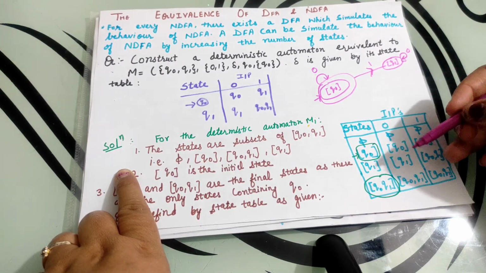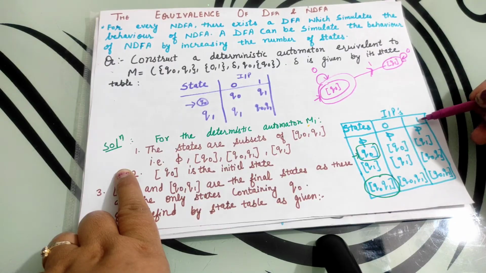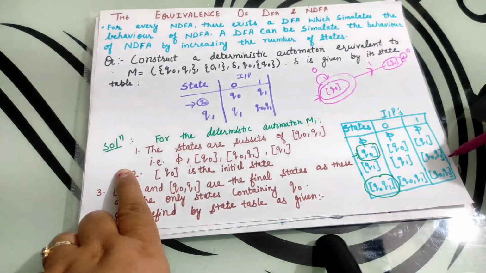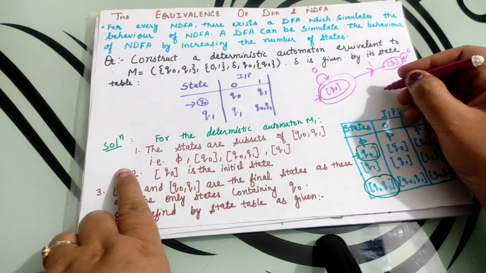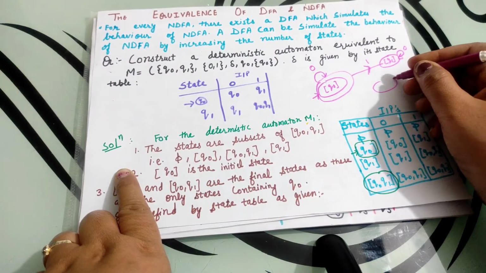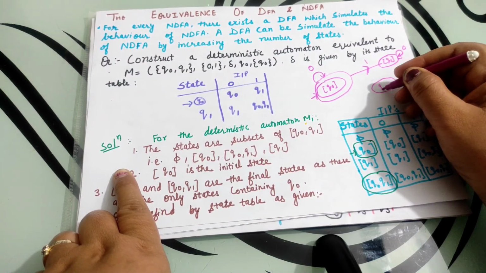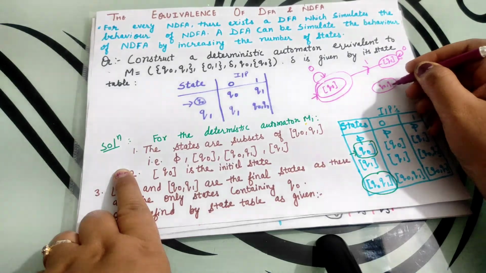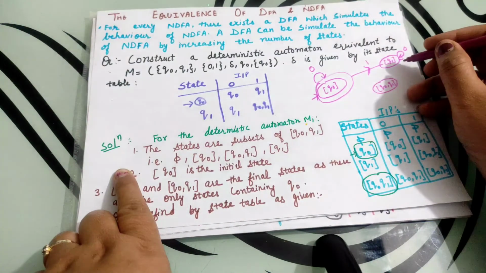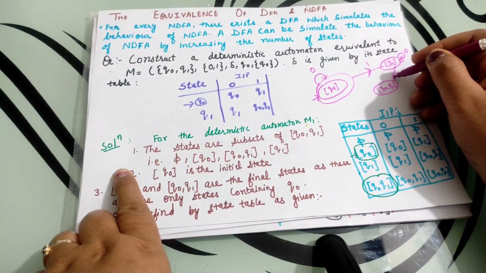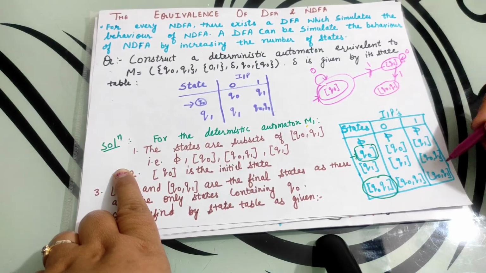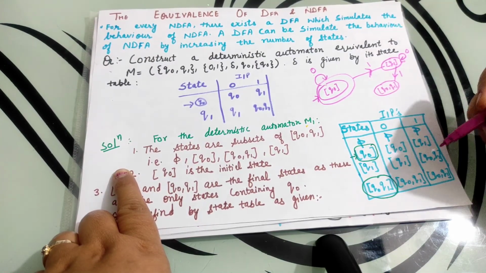And at the one input, when we provide the one input at Q1, the next state will be Q0, Q1. So right here, when we provide the one input at Q1, the next state will be Q0, Q1.